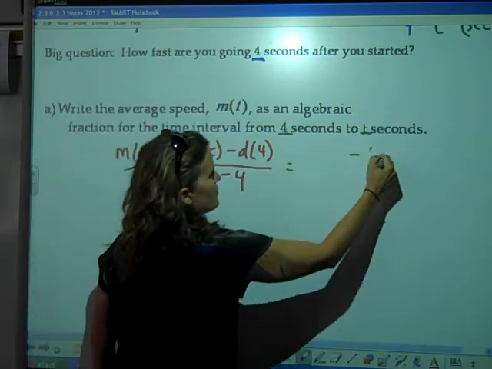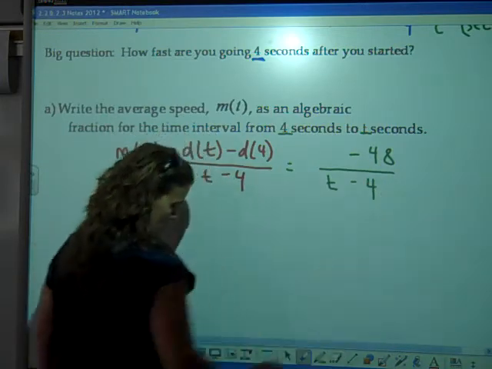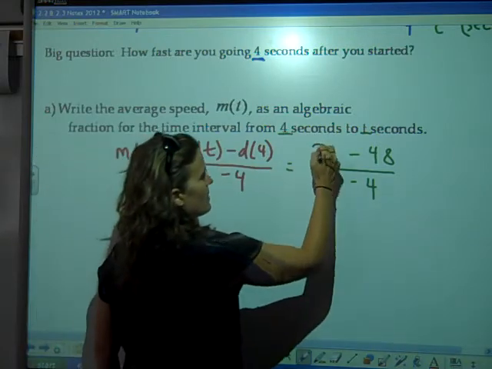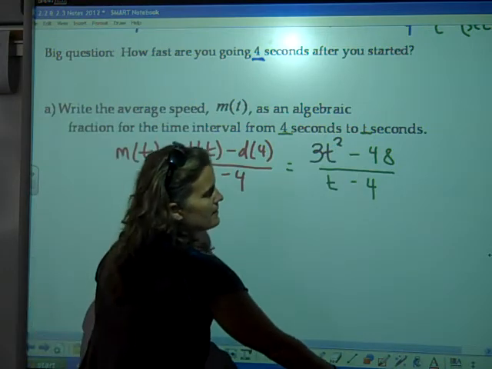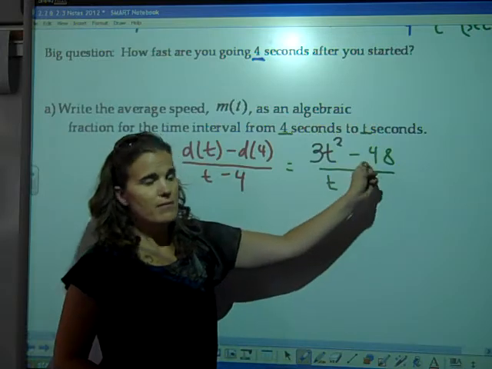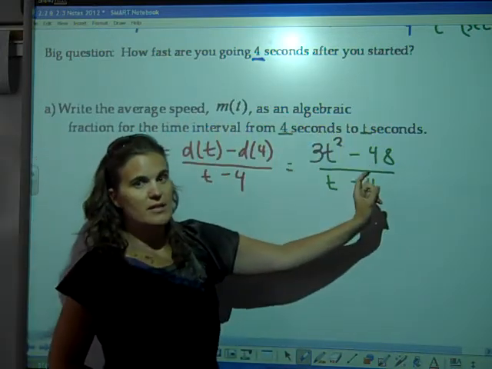So I know that that guy is going to be 48, t minus 4. And remember they told us what d of t equaled. D of t was that equation, that 3t squared. So you will have to use your equation in this case. And so that's what m of t equals. M of t equals this stuff. So that would be the average speed from 4 to t seconds.